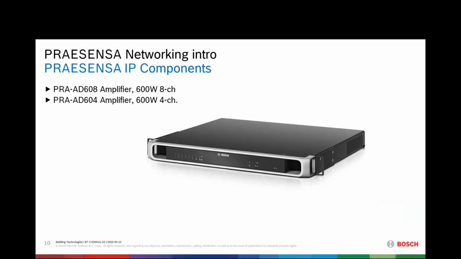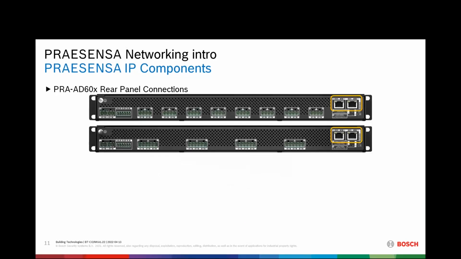Another component in the PRAESENSA portfolio is the amplifier. We have a 600 watt amplifier, which has 8 channels, and one which can host 4 channels, which can connect to 4 loudspeaker loops. When you look at the back, these amplifiers also have 2 network ports. Again, this is a switch, so you can interlink them to the other devices directly.